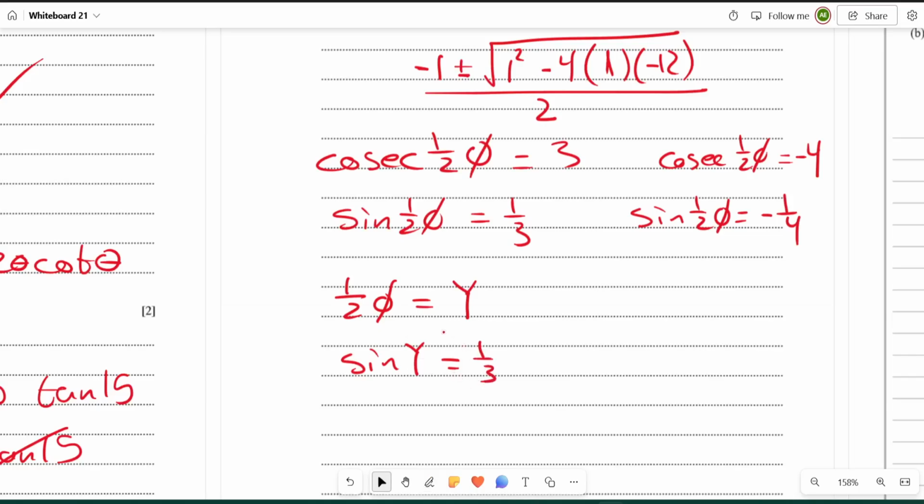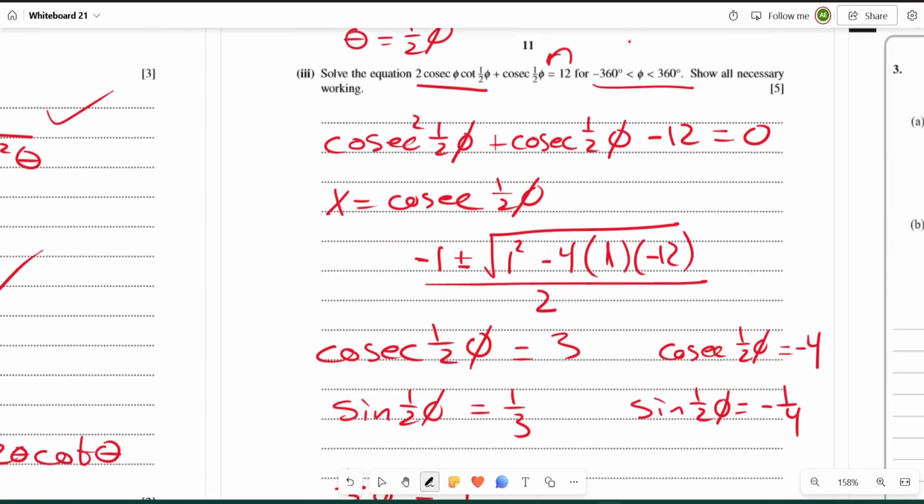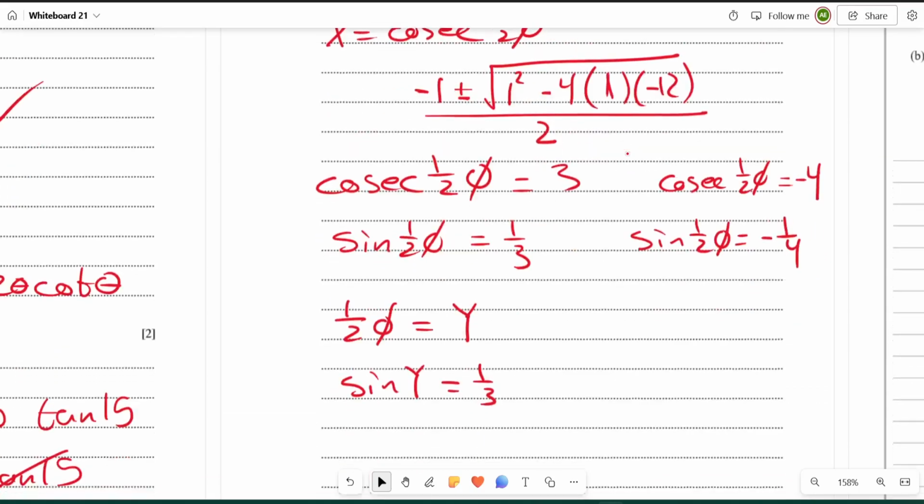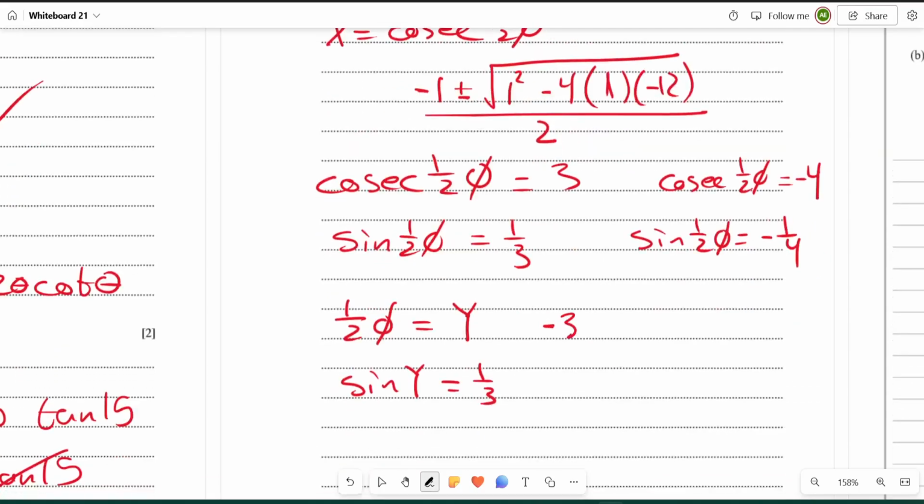But by doing this, I need to change the range as well. My range was negative 360 to 360. So I'm not looking for phi, I'm looking for half phi.